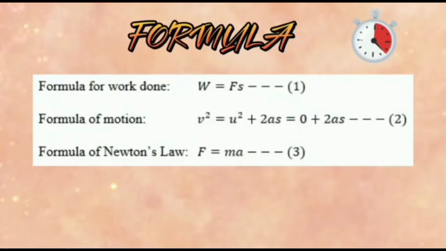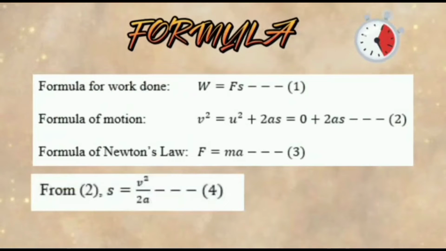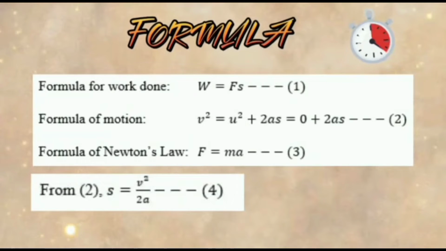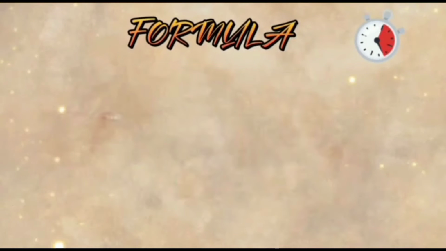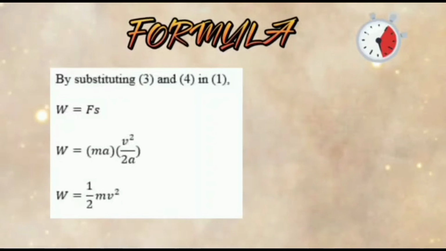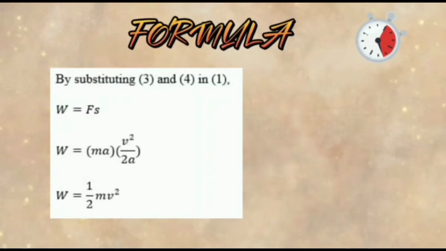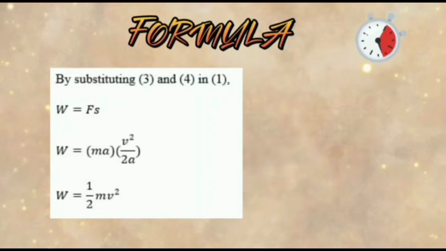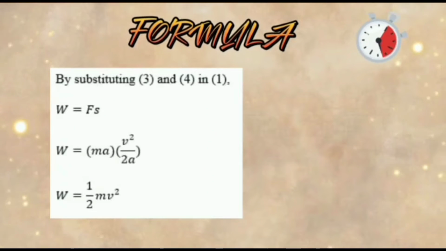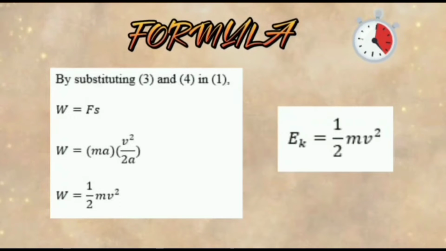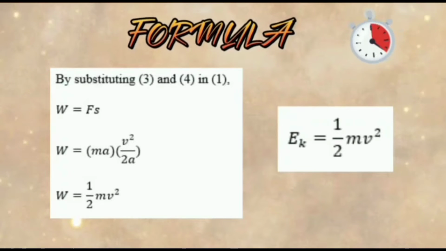From the formula of motion, we can derive s equal to v squared over 2a as the first formula. Then, by substituting Newton's law formula and the fourth formula in the formula for the work done, we can obtain the formula for kinetic energy, which is 1 over 2 multiplied by mv squared.